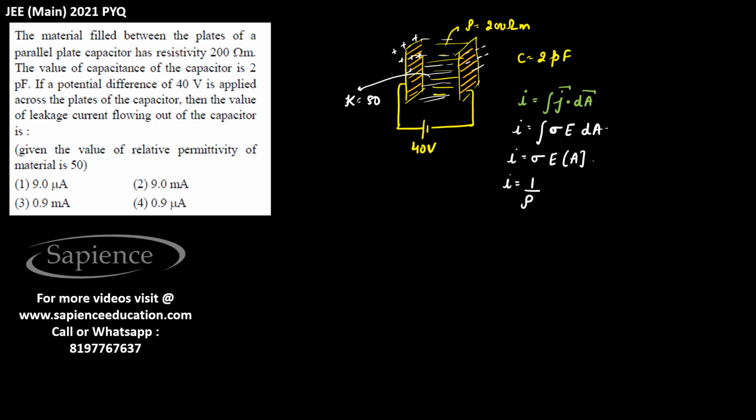The electric field inside the capacitor can be given as Q by A epsilon naught. Q by A is sigma, so the field is sigma by epsilon naught, which can be written as Q by A epsilon naught into A. So this will actually be the maximum current.